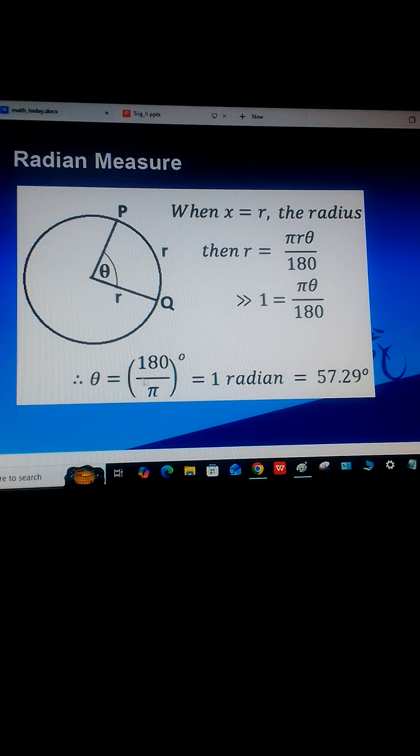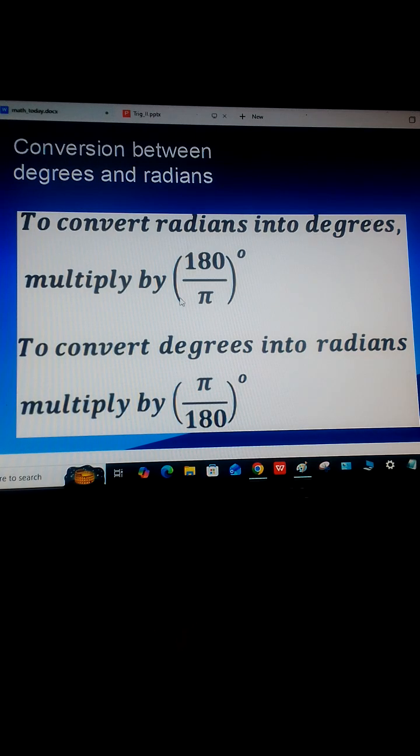So multiply 180 divided by pi times what you have been given. If you are converting radians into degrees, you multiply the number of radians times 180 over pi. If you are converting degrees into radians, you multiply by pi over 180.